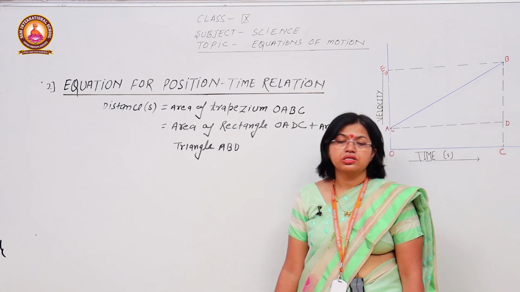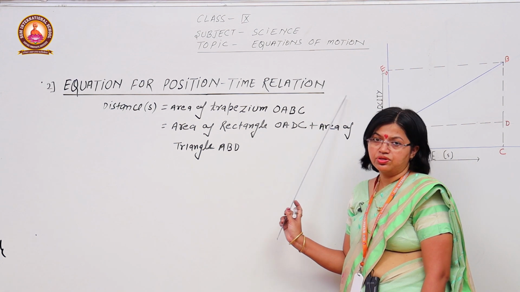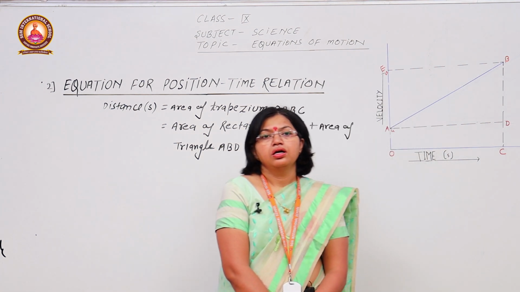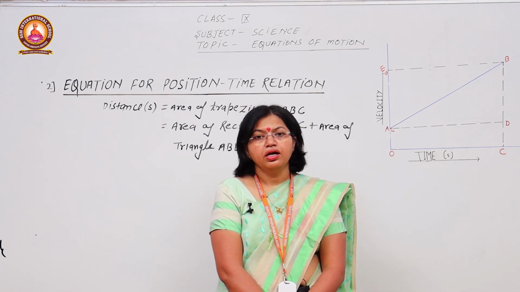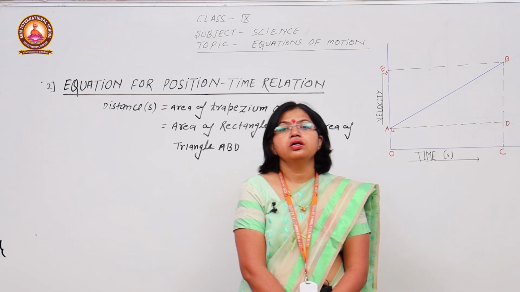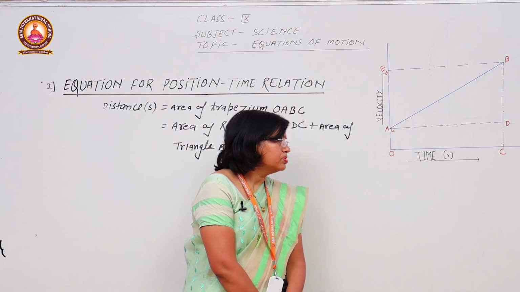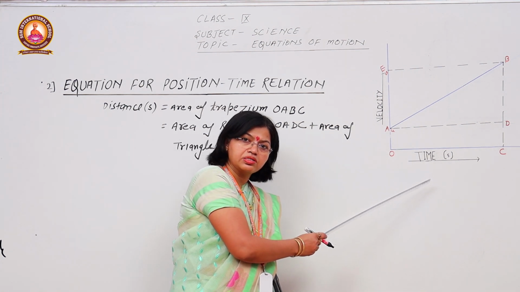Then we will move to the second equation, that is the equation for position time relation. In this equation, let us consider an object that travels and covers the distance s in time t under uniform acceleration a. For these three equations, the graph is the same.